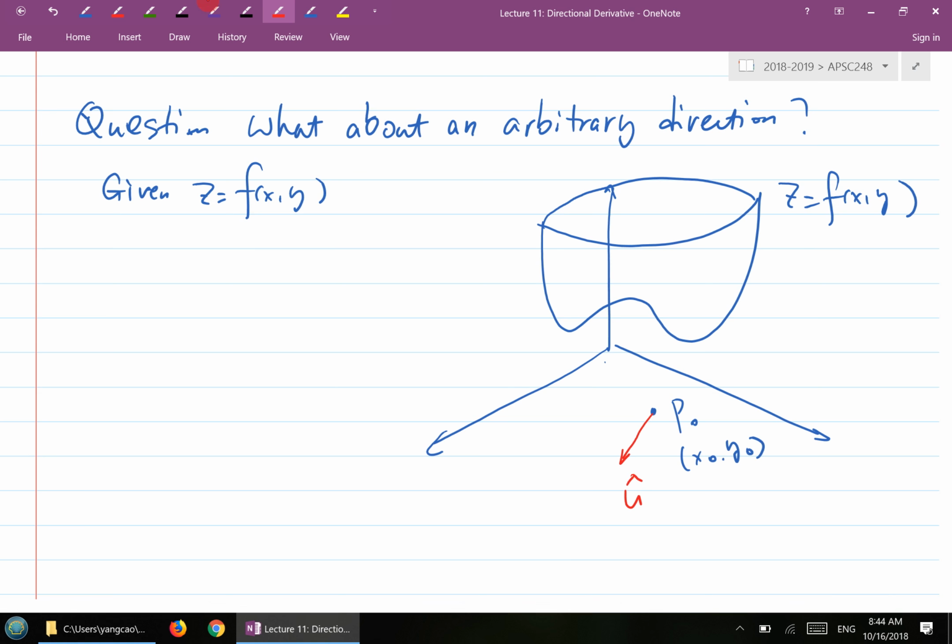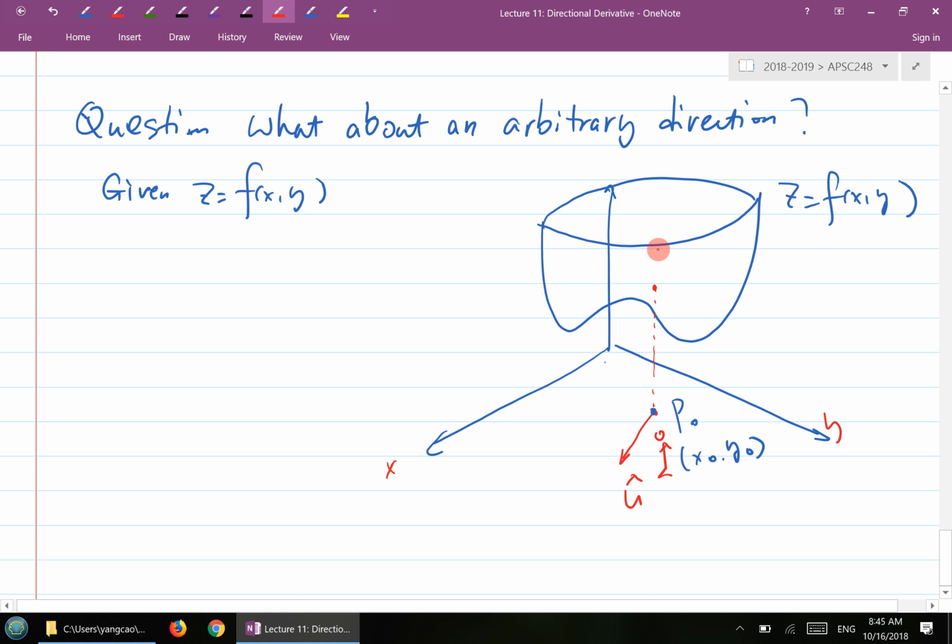So you can consider, let's say, you are the person down here. You're maybe walking, confined within this xy plane here, so you're not moving anywhere else. Right now, this little person is going to move in the u hat direction. As this person is moving, there is another guy sitting on top of the surface.